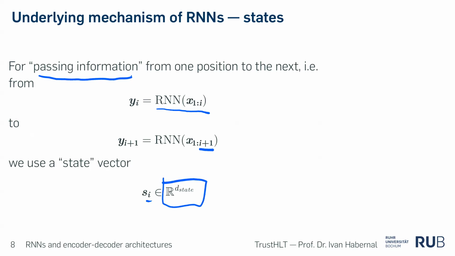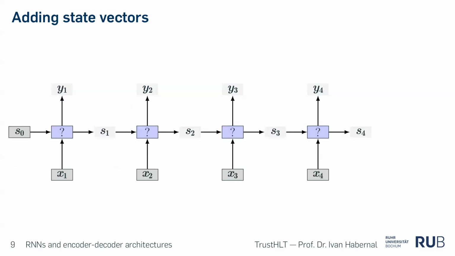So we're passing vectors from one state to another. Just to show you the depiction here, what we added here are these states. Each state is a vector of some d_state dimensionality, a bunch of numbers. This is how the information flows from one state to another.